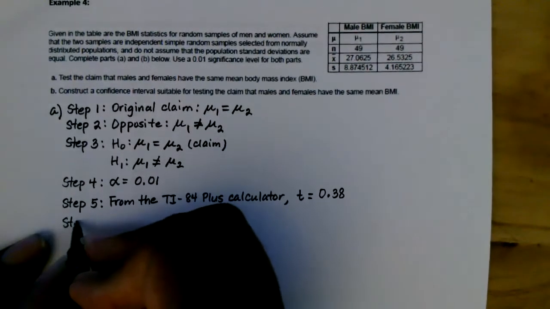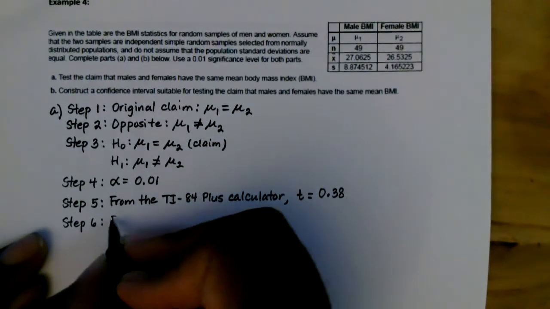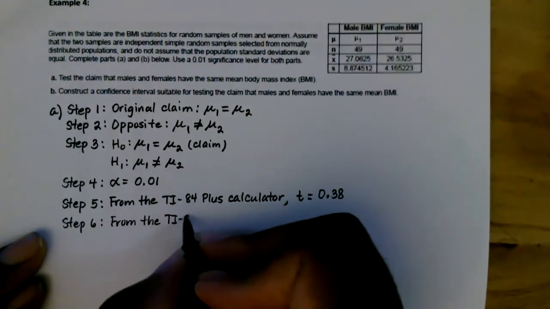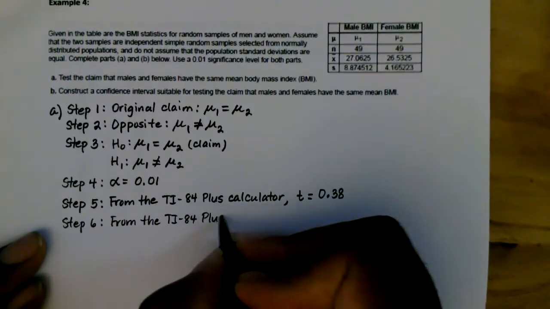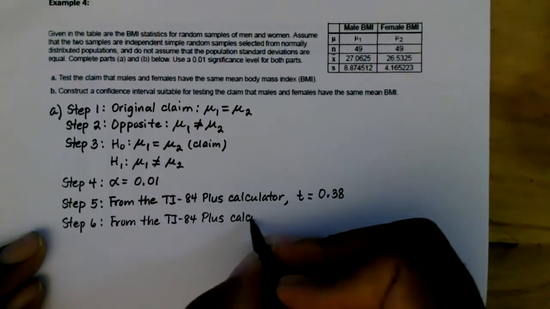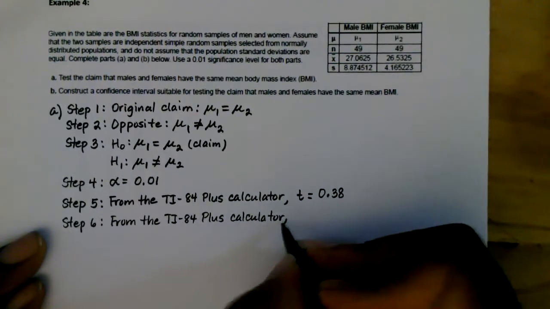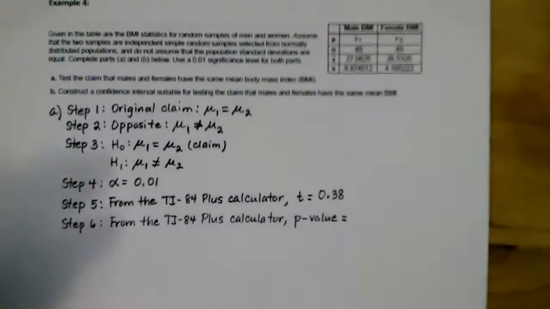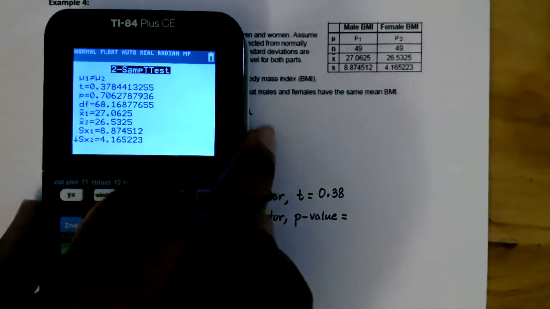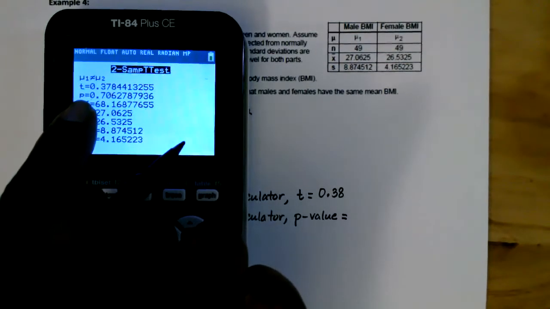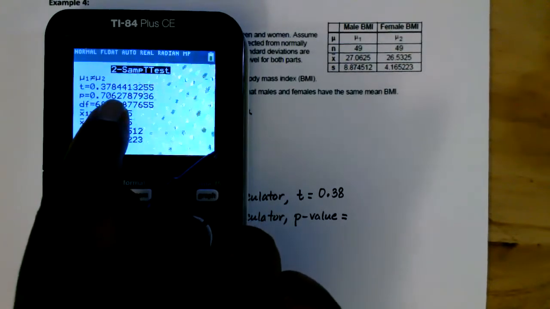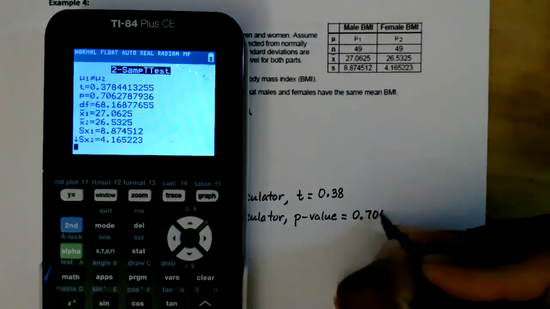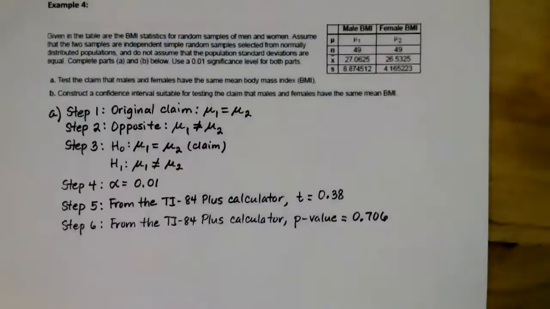And now step number 6 is the p-value. We can also get that from the TI-84 Plus calculator as well. Under the t is your p-value right here. To 3 decimal places, that's going to be 0.706.